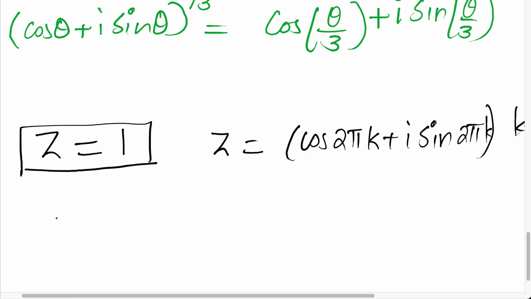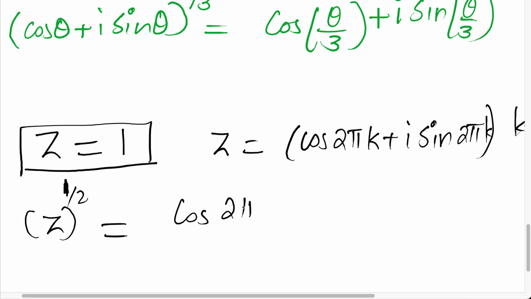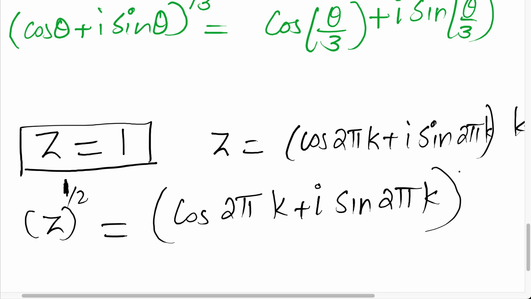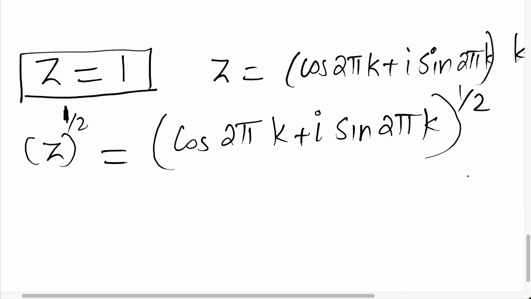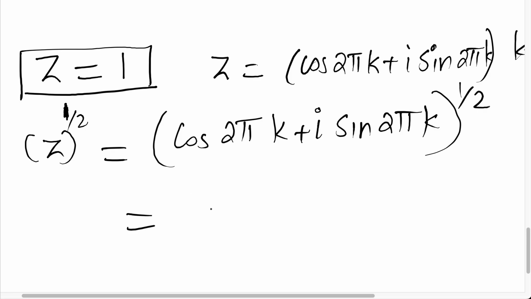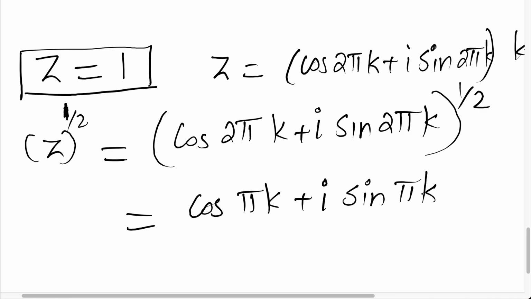If I had to find the square root of this number, so z raised to half, let me show you how de Moivre's theorem is useful. So cos 2 pi k plus I sine 2 pi k raised to half, and as per de Moivre's theorem, the index gets multiplied with the angle, so it becomes cos of pi k plus I sine of pi k.